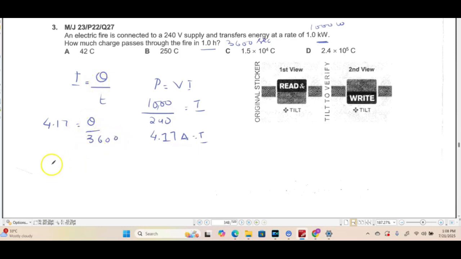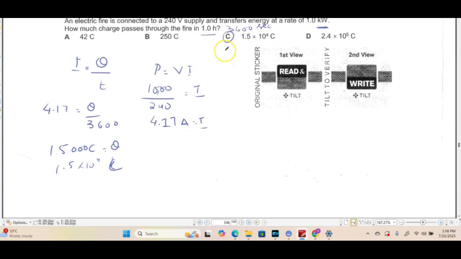Q is going to be 15,000 coulombs, so 1.5 into 10 raised to the power 4 coulomb is our correct answer. So C is our correct answer.